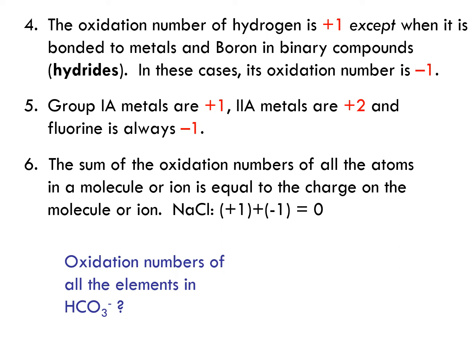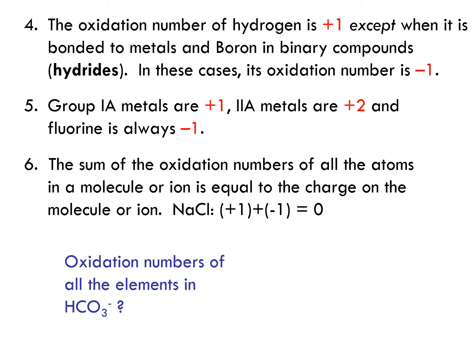So for example, if you want to know the oxidation numbers of each of the elements in HCO3, the bicarbonate ion, you can use the pattern and a couple of the rules. Hydrogen is not bonded to a metal, so it's +1. Oxygen is not a peroxide, so it's -2.